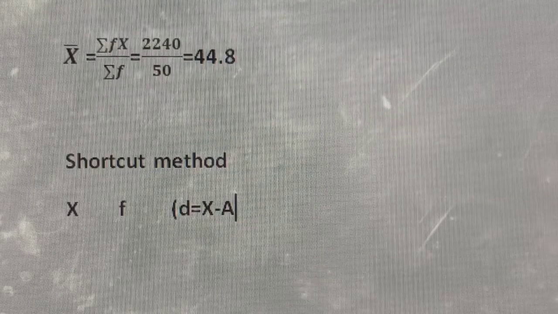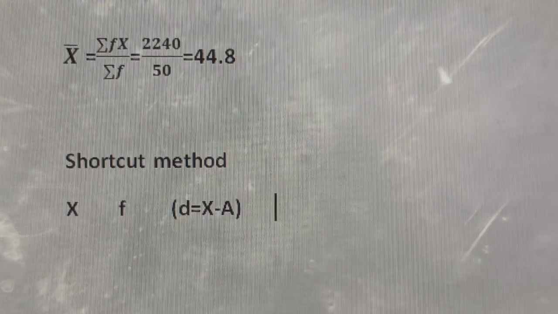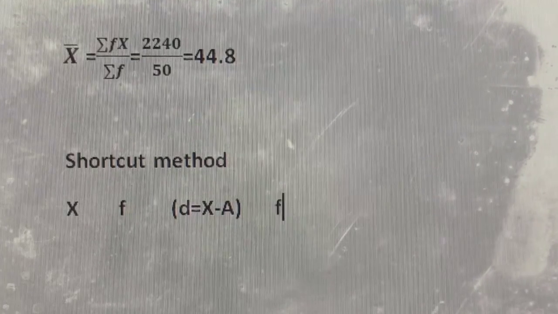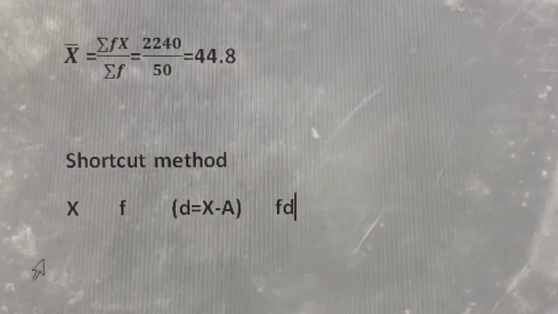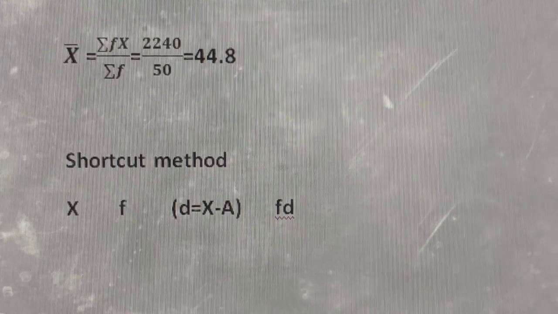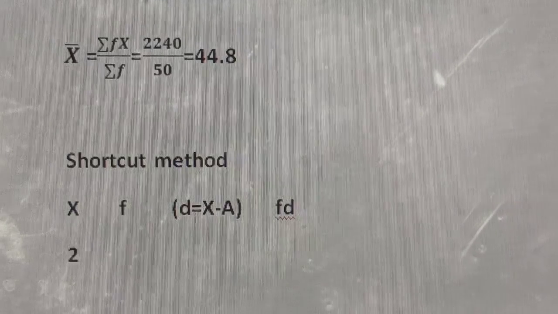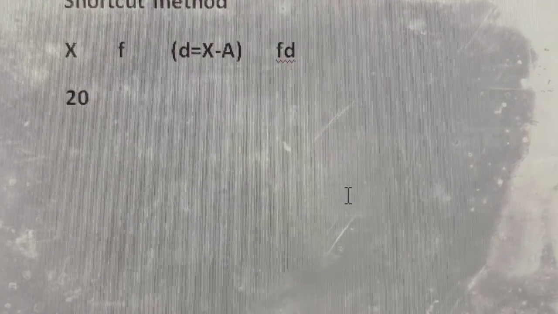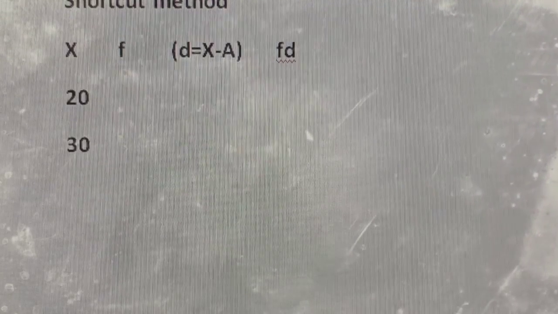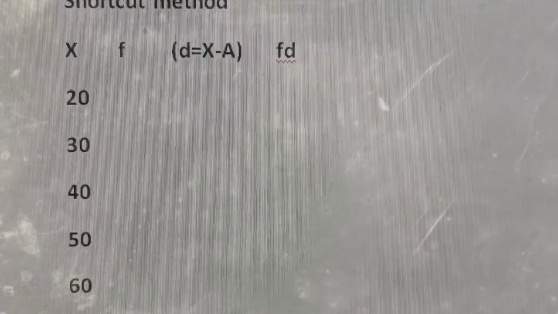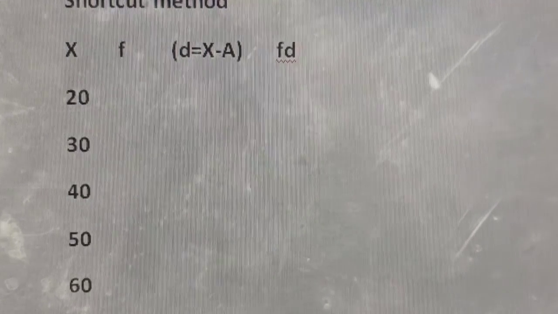So what is d? We're going to find out next. X here is 20, then 30, then 40, then 50, then 60, then 70.